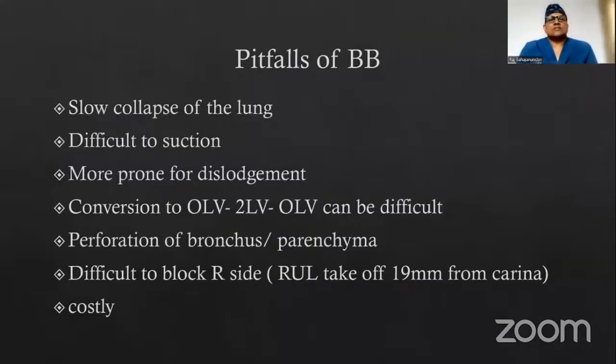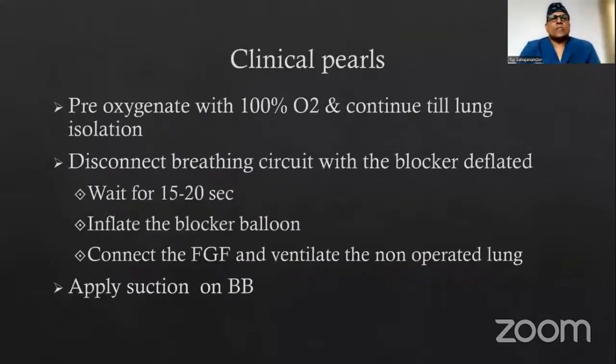The other thing is, it may take some time to collapse. So how do you do it? You can pre-oxygenate the lung nicely with 100% oxygen and continue both lung ventilation till you need one lung ventilation. If you have to do the collapse, you disconnect the breathing circuit with the blocker in place for about 15-20 seconds or even 30 seconds. What will happen?